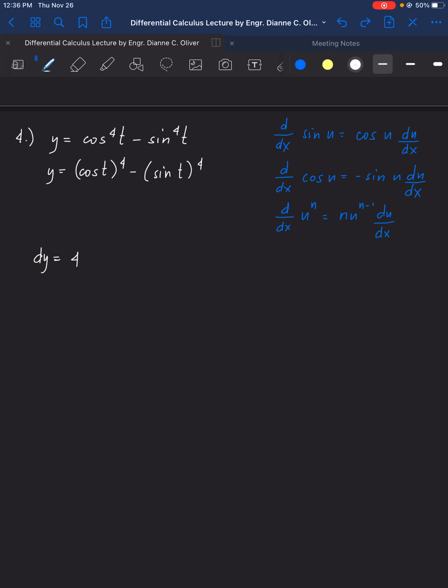Okay, let's apply the pattern. Again, bring down 4, copy u, then we have 4 minus 1, and then the derivative of what is inside, or what is u. That is, derivative of cosine t is negative sine t.